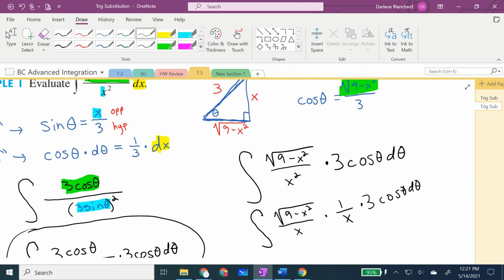If I look at my right triangle, the square root side divided by x is which trig function? Cotangent.